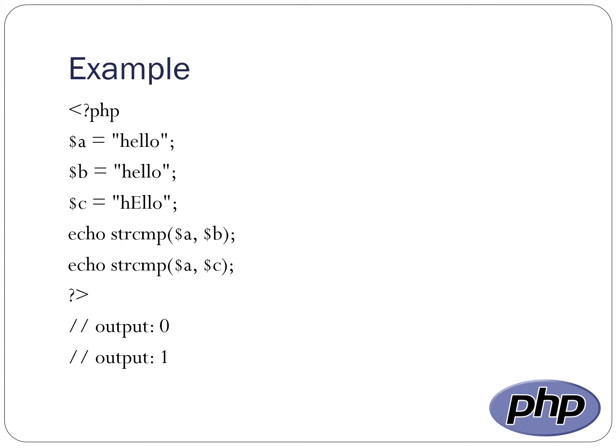Both have identical strings, so it will produce a 0 value because both are equal. Then echo strcmp of $A comma $C. It will produce a 1 value because the first string is greater than the second string.